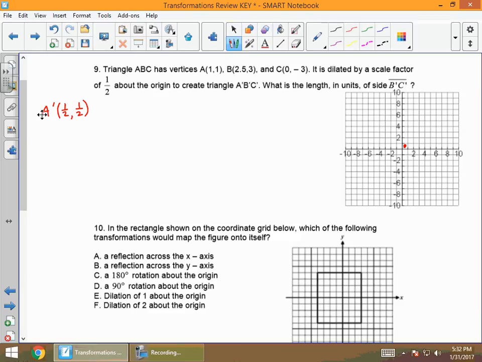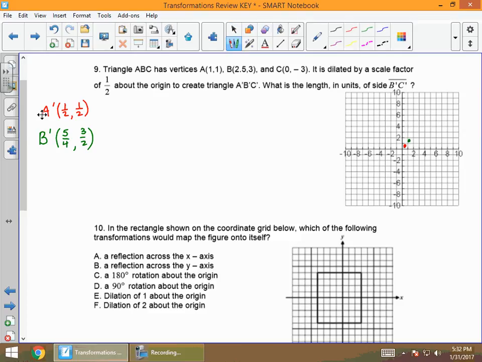All right, point B is at 2.5. So half of 2.5 is 1 1/4, or 5/4. And half of 3 is 1 1/2. All right, so 1 1/4 and 1 1/2, and right there.